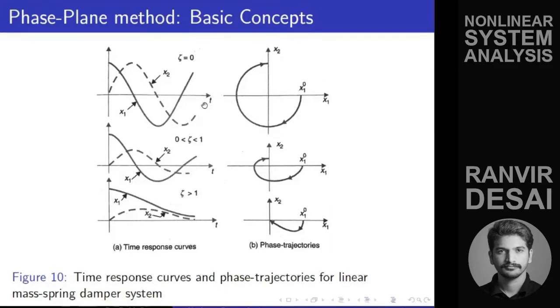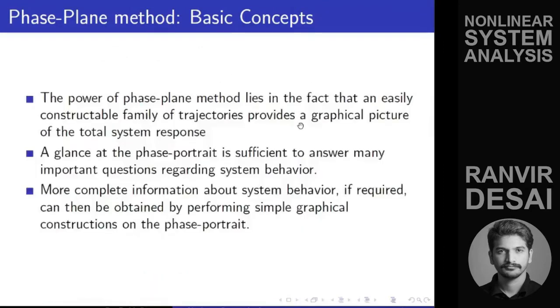Also, since you are electrical engineering students, you know that a sine wave plotted with respect to a cos wave results in a circle. So this will be the phase trajectory. If you let this wave complete one period, it will give a complete circle, and it will remain in that circle.